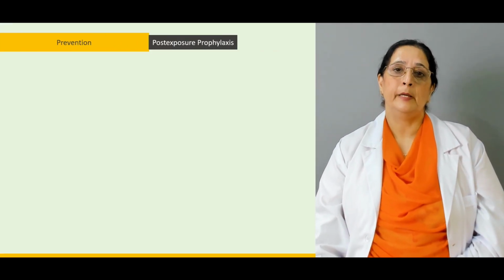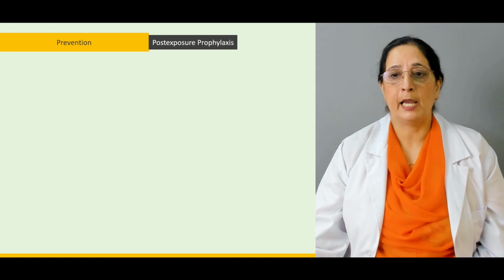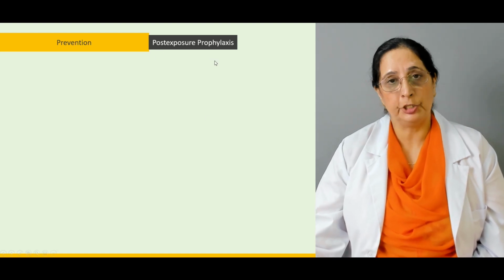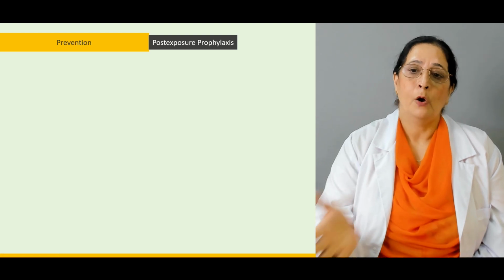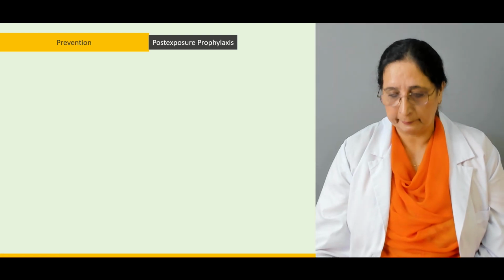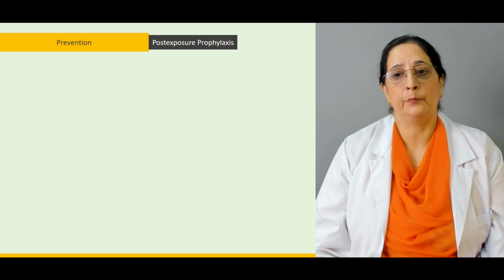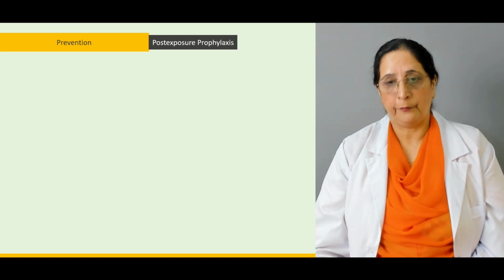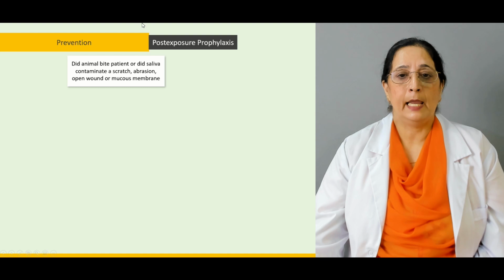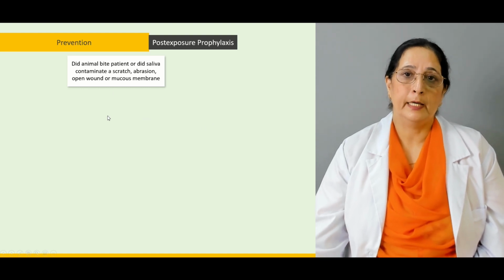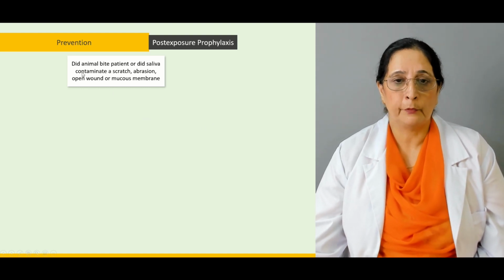Prevention of rabies, again, as I mentioned, we have post-exposure prophylaxis, or pre-exposure prophylaxis. These questions are important in post-exposure prophylaxis.